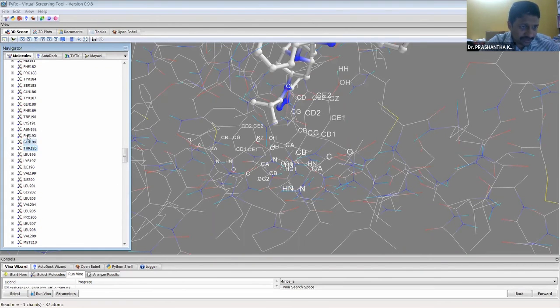If I select 2-3 amino acids using control, we may not be able to make the selection. So we have 194, 195, then 198, isoleucine 198, then 255.